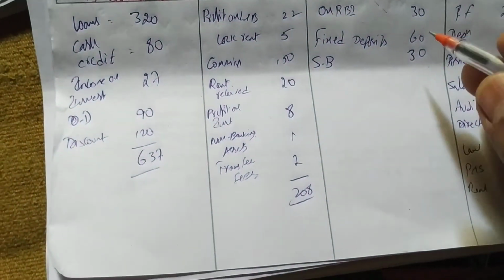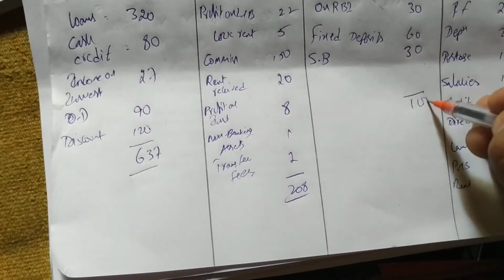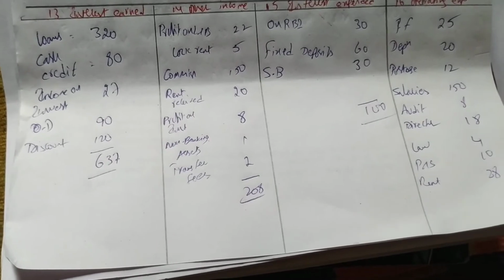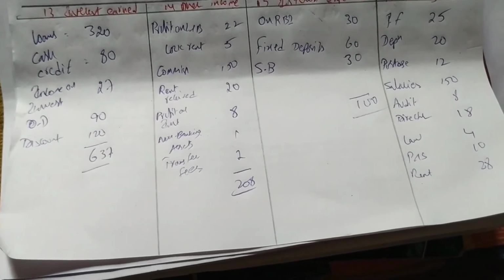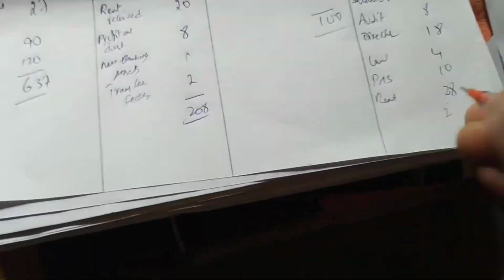Total of interest expenses is 100, and total of operating expenses is 25, 20, 12, 150, 8, 18, 4, 10, 28, that is 275.